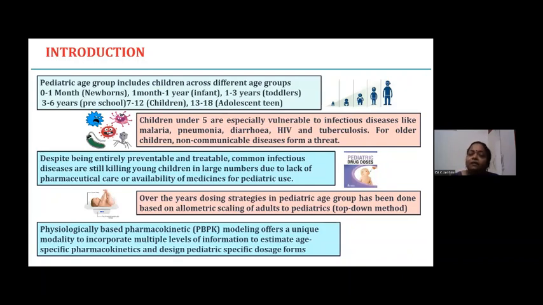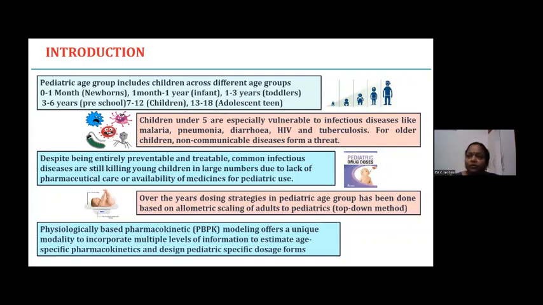Despite there being many medicines available in the market, and assured prevention as well as treatment, some of the common infectious diseases are still killing our young children in large numbers because of the lack of pharmaceutical cure and the availability of exact medicines for pediatric use.